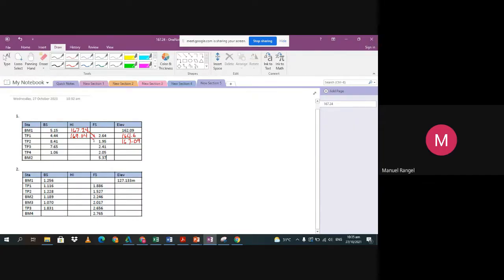Then the HI at TP2 plus 8.41, 167.09 plus 8.41, 175.5.